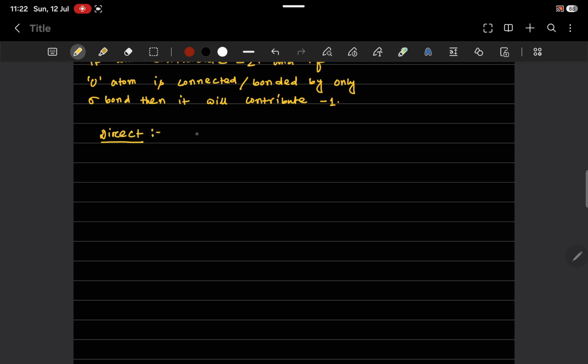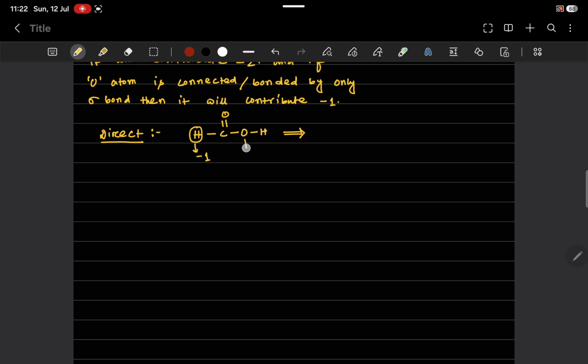For the direct way, let's say H, C double bond, OH. How can we find out the oxidation number of carbon? Simple, I told you. If you are going the direct way, then for hydrogen you have to consider it as -1.